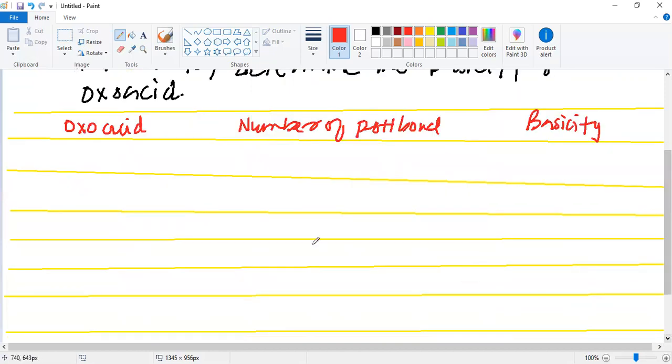So let's start with the first one, which is H3PO2. It has one P-OH bond and it is monobasic.